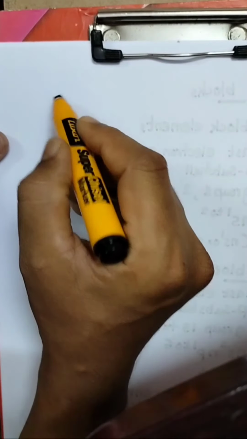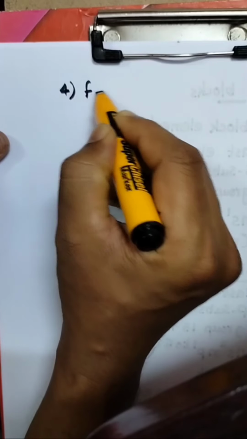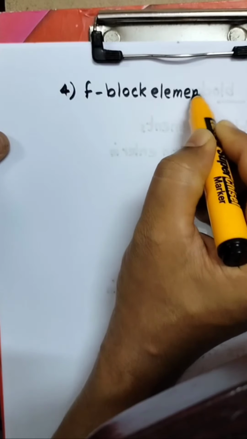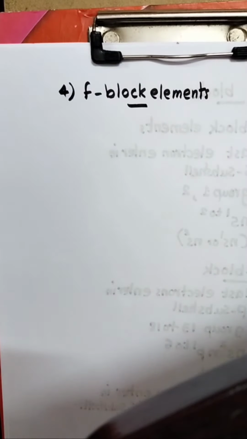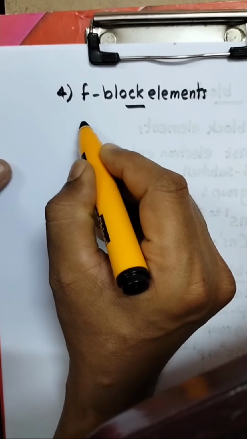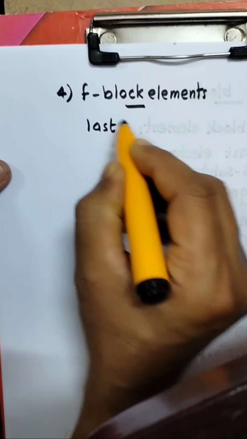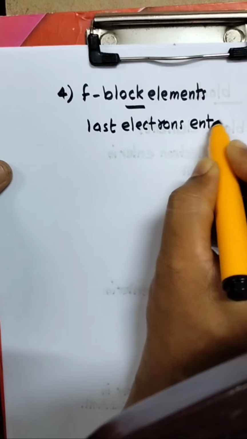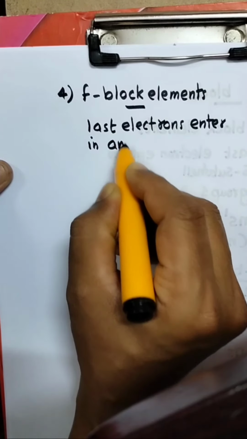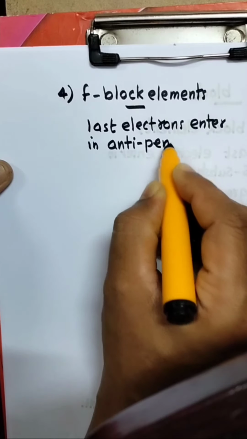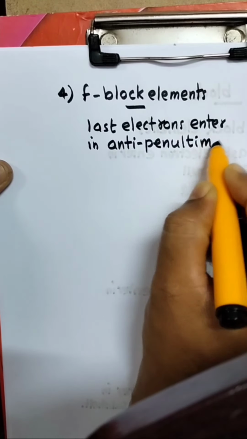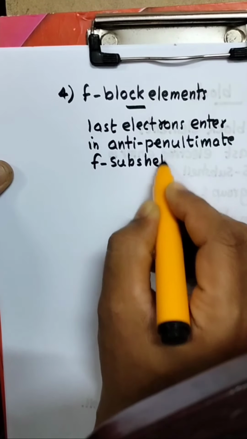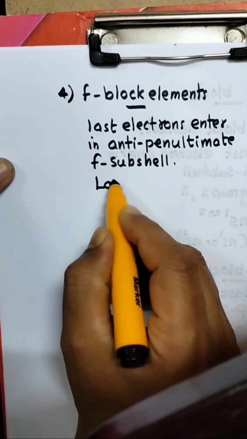Then fourth one, F block elements. Here, last electrons enter in anti-penultimate F subshell. They are lanthanoids and actinoids.